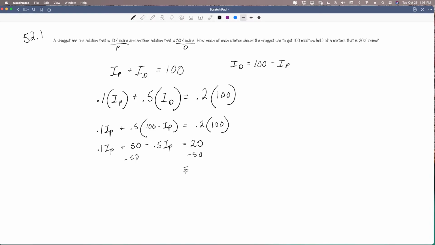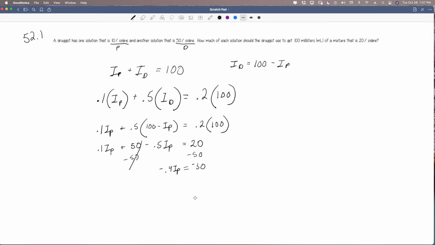That's going to leave negative 30, right? And 0.1 minus 0.5 is going to be negative 0.4 times the iodine poured in.